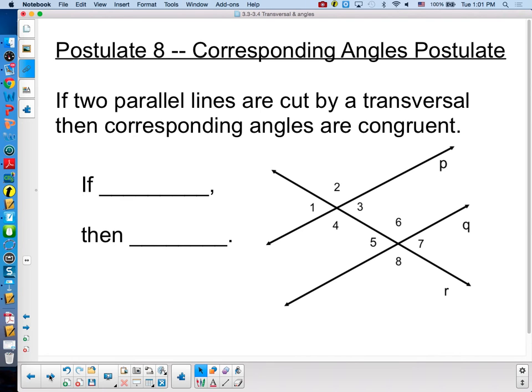The corresponding angle postulate says, if 2 parallel lines are cut by a transversal, then the corresponding angles are congruent. When we were on the iPad, they were parallel lines all the time. So with that picture, I want to fill out the if and the then part.